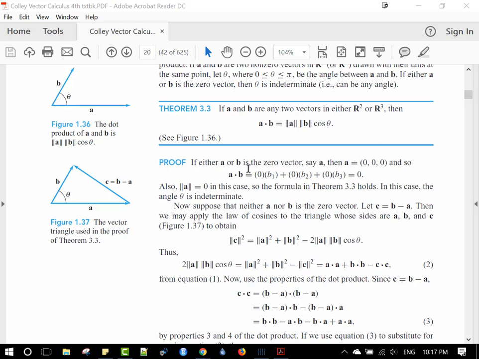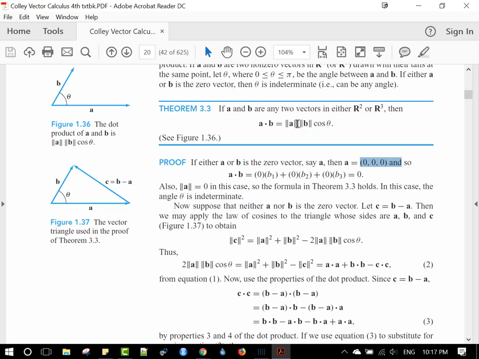So actually they're going to take a special case. In the case that either A is 0 or B is 0, then what? Say A is 0, then A equals this, and so A dot B is going to be 0, right? And what's this going to be? I guess the angle between a vector and the zero vector is also, well, how do they do this?